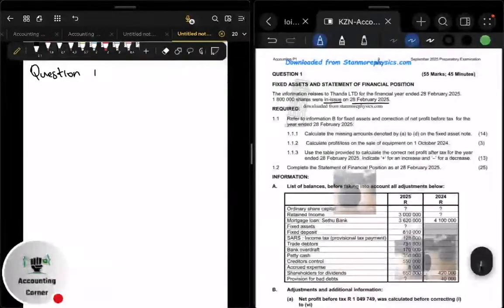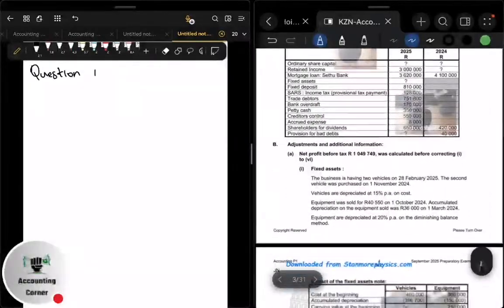For question 1.1, it says refer to information B for fixed assets and correction of net profit before tax for the year ended 28th February 2025. And 1.1.1 says calculate the missing amounts noted by A to D on the fixed asset note.